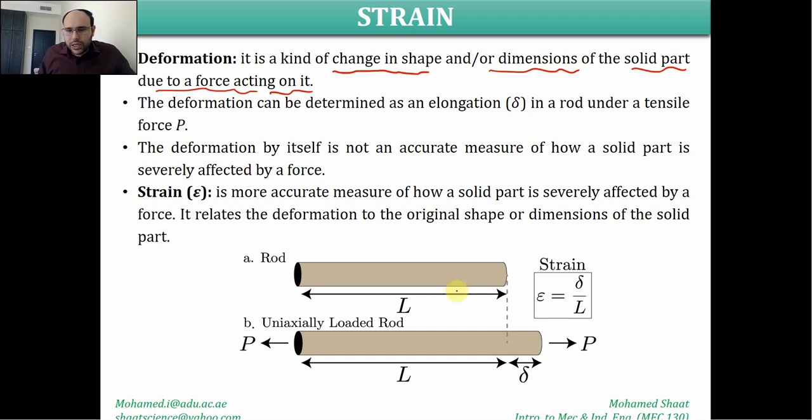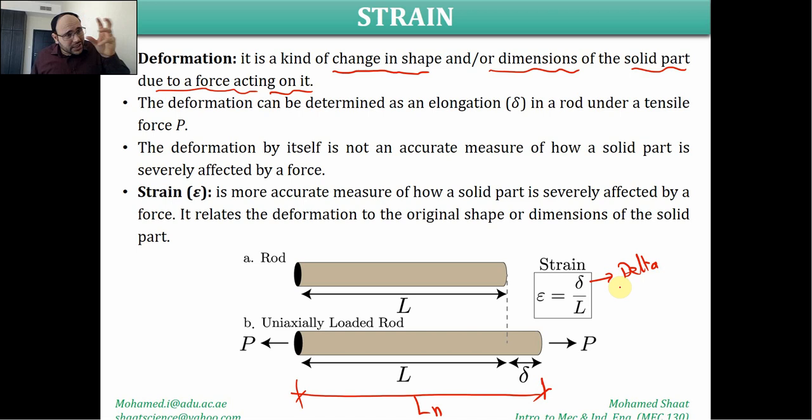So the original length without the force was L. Upon applying some force, it will be elongated, so it will attain a new length. Let us name it LN, where N stands for new length. So the difference between L new and L original is going to give us delta. This symbol is mentioned as delta. So this delta is a measure.